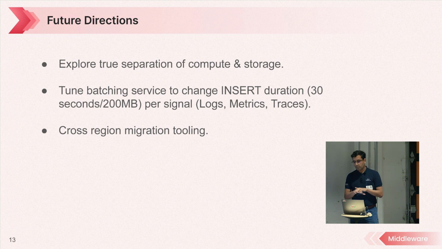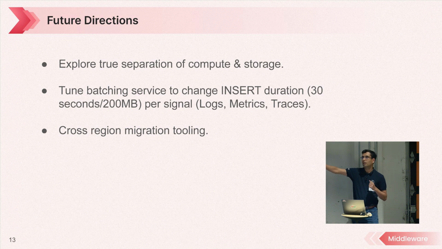Today, it's the same for all three, logs, metrics, and traces: 30 seconds or 200 MB, whatever happens first. But looking at the data that we have so far, there is an opportunity where we can fine-tune them per signal.